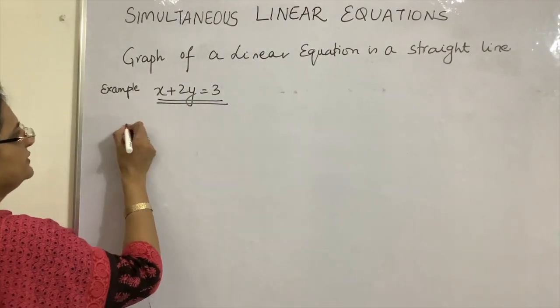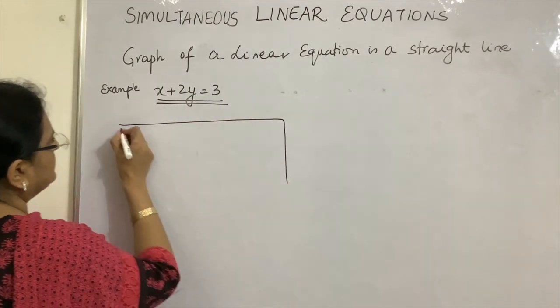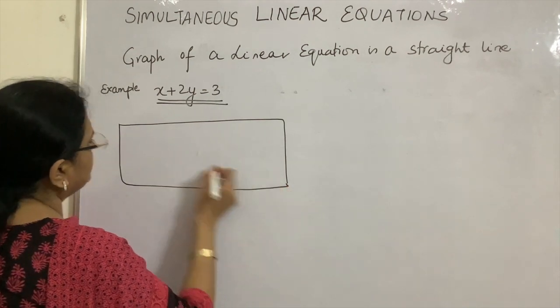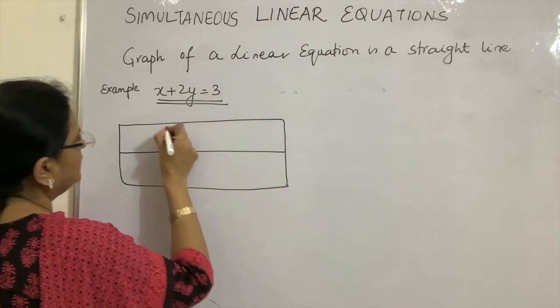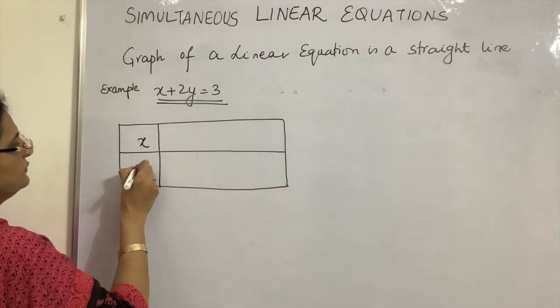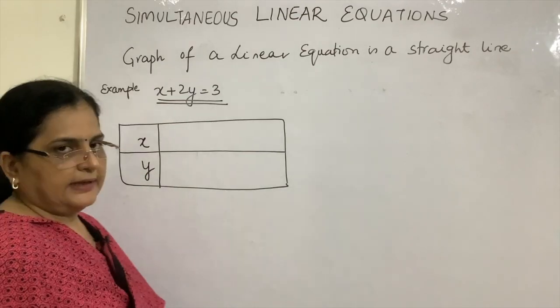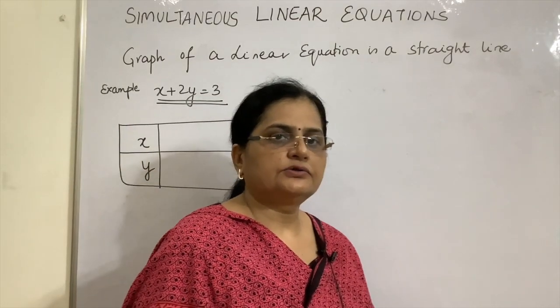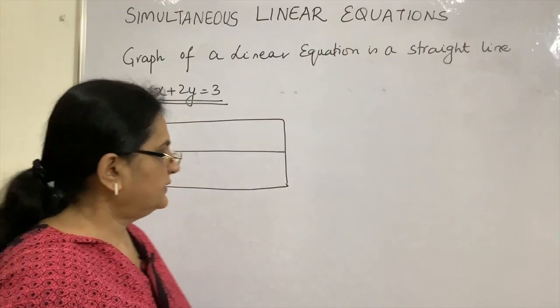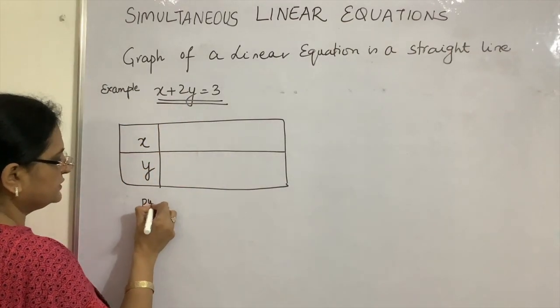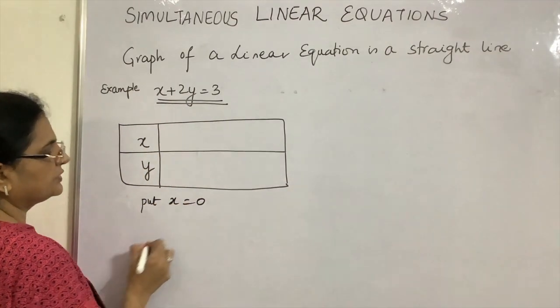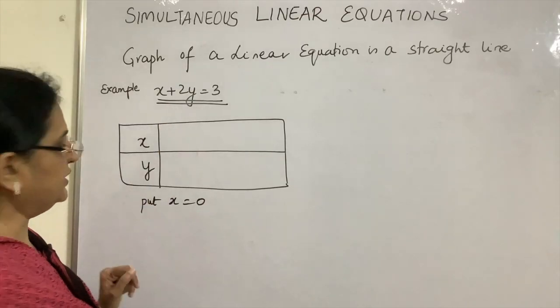For plotting the graph, it is not very difficult. You need to have how many points? 2 points for plotting any line. So the two easiest points: first put x is equal to 0 in the given equation.